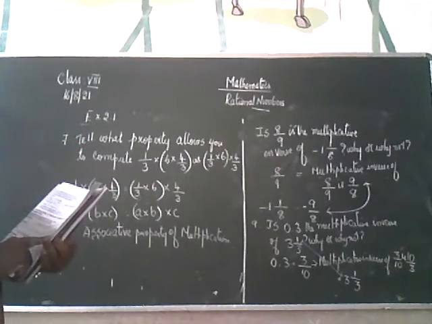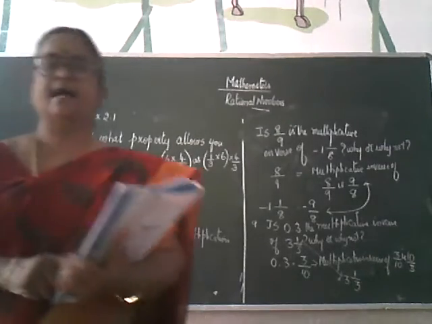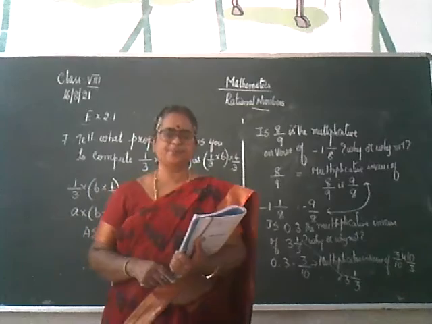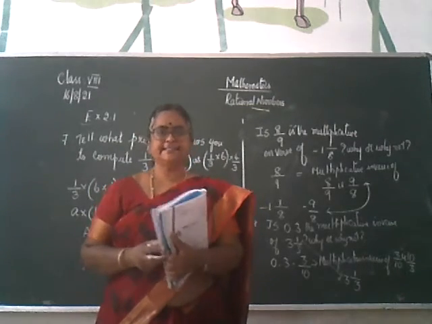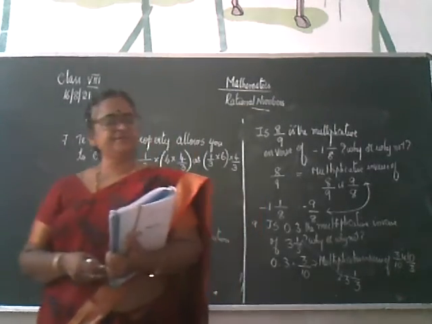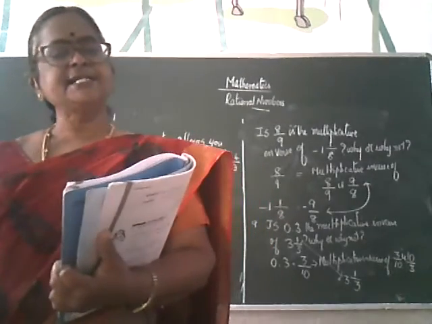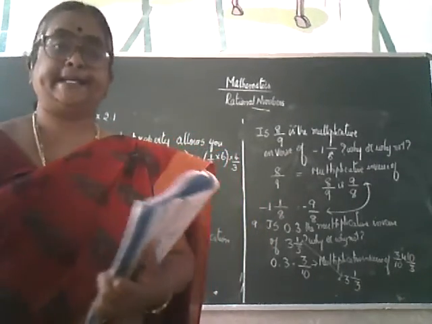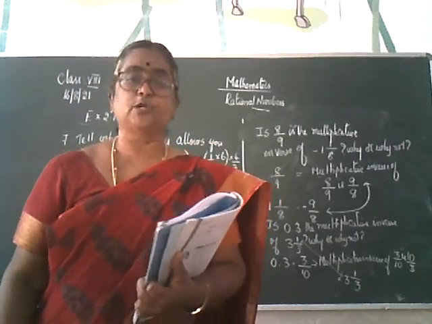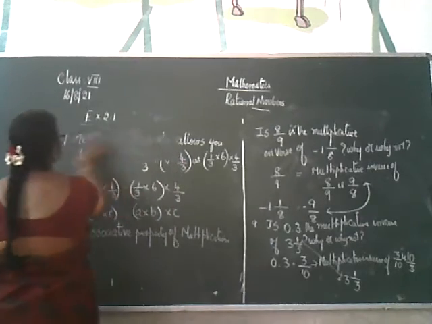Okay, then write a rational number that does not have a reciprocal. The number which doesn't have a reciprocal is 0, isn't it? For that, there is no reciprocal. The rational numbers that are equal to their reciprocals. So, what is 1's reciprocal? 1.